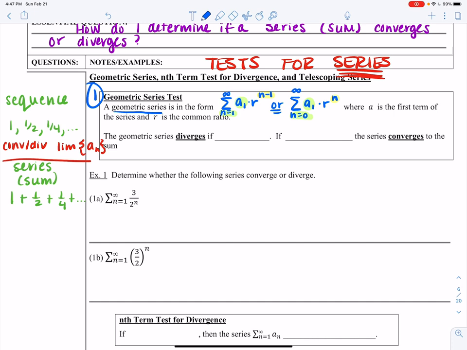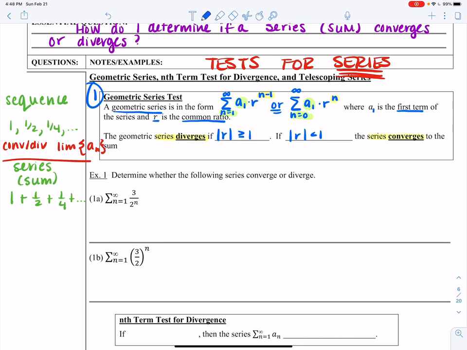Now remember, a sub 1 is the first term of the series, and r is our common ratio. So the geometric series test says the series is going to diverge if the absolute value of the common ratio is greater than or equal to 1. If the common ratio is less than 1, that series is going to converge.